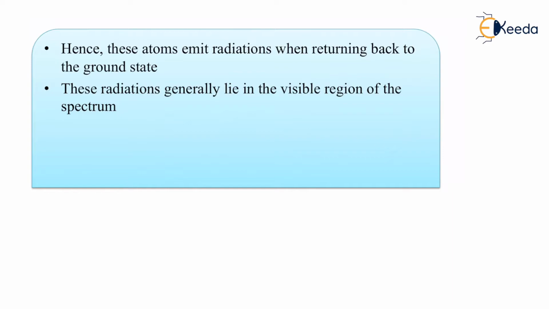So whenever a higher energy state atom is coming back to the ground state, it emits a particular light. That light is visible to our naked eyes, and that is the reason why it falls under the visible region of the spectrum.